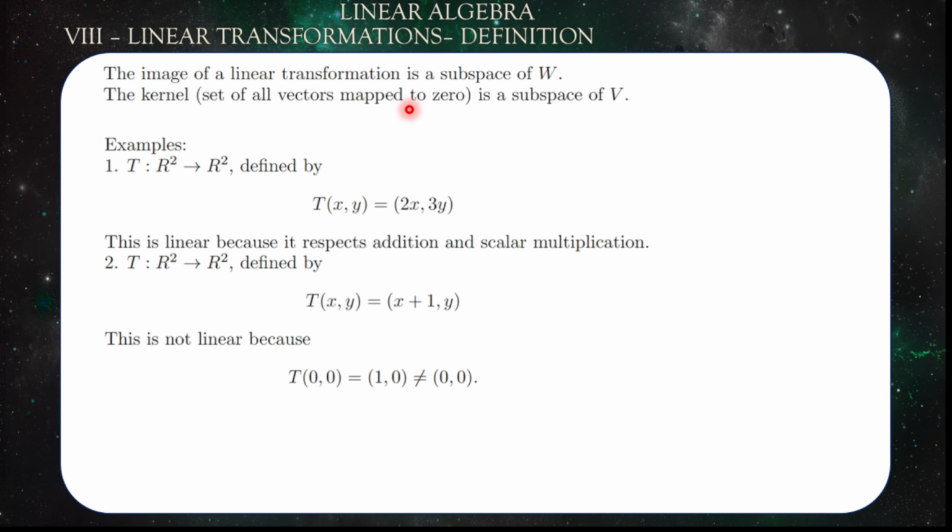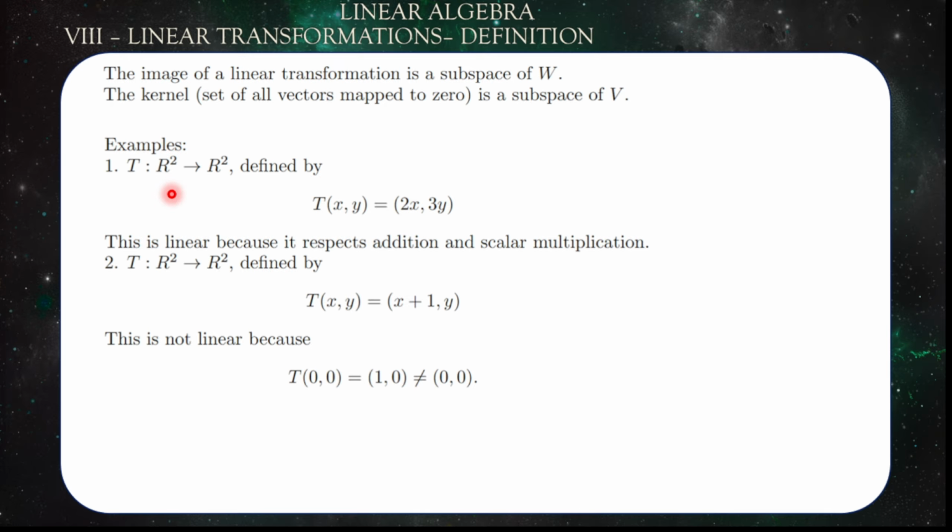The image of a linear transformation is a subspace of W, and the kernel, which is the set of all vectors mapped to 0, is a subspace of V. Remember that V is being transformed into W through the transformation.